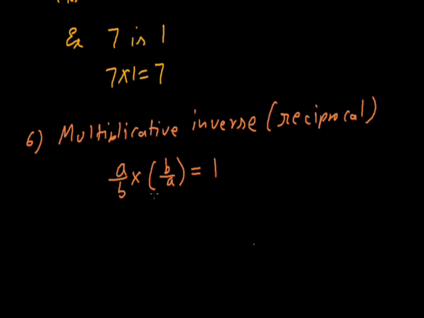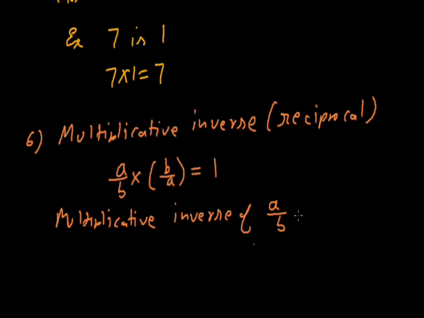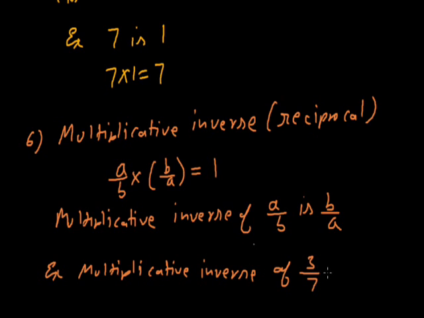So I can say that the multiplicative inverse of a by b is b by a, or vice versa. We just have to take the reciprocal of the given rational number, and that is called its multiplicative inverse. For example, the multiplicative inverse of 3 by 7 is 7 by 3.